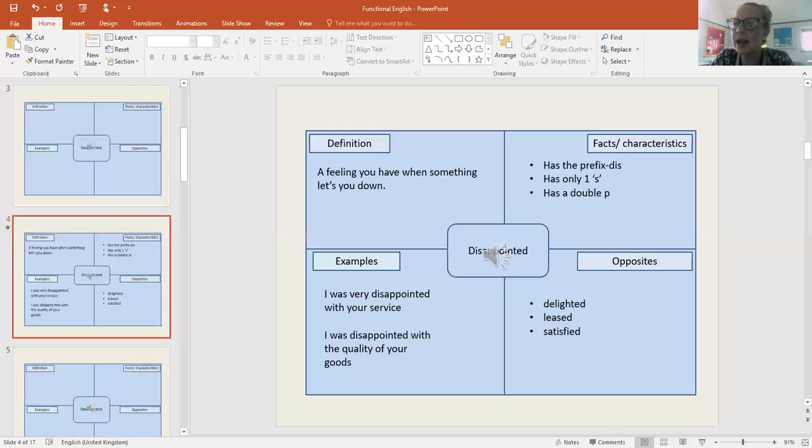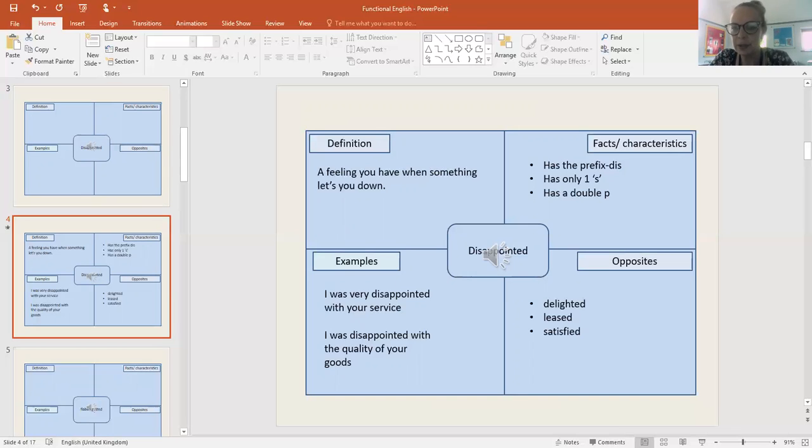For me, it's useful to remember that it only has one S, and also that it has a double P. Now, if I can remember those little things, I'm more likely to use it in my writing when I'm writing independently, and I'm not going to let the spelling of a word stop me from using it.